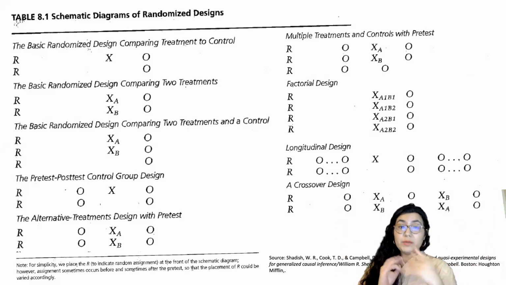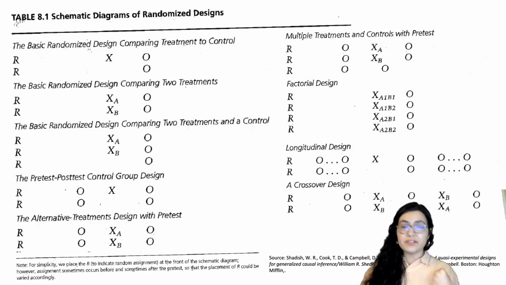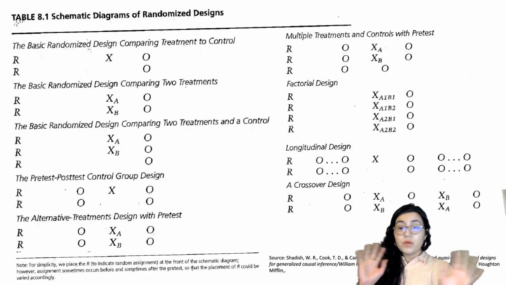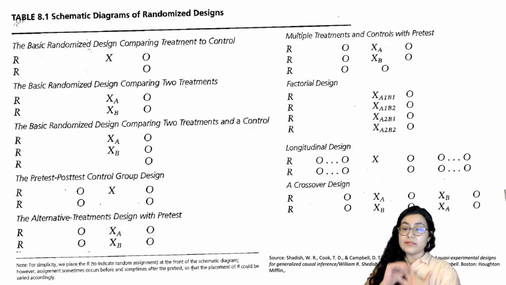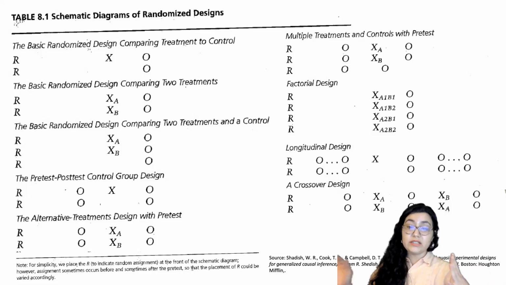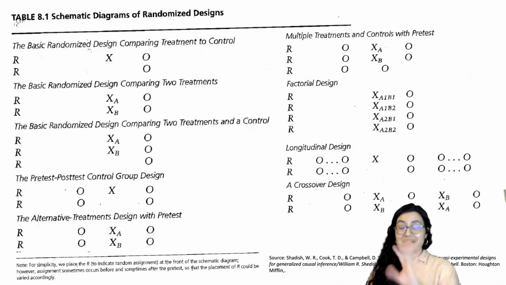Like I said, we might want to compare two different treatments like A and B. The differences we get there are the different effects of A and B, but maybe we also want a control group where someone is not getting any intervention. And so that's the basic randomized design, comparing two treatments and a control.